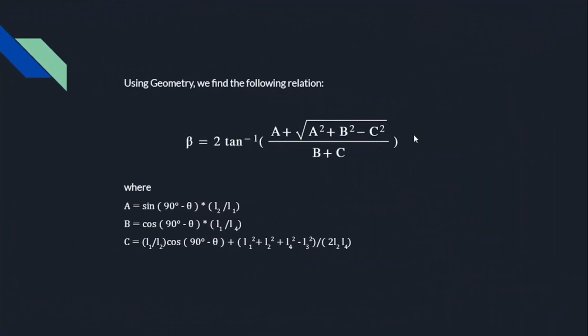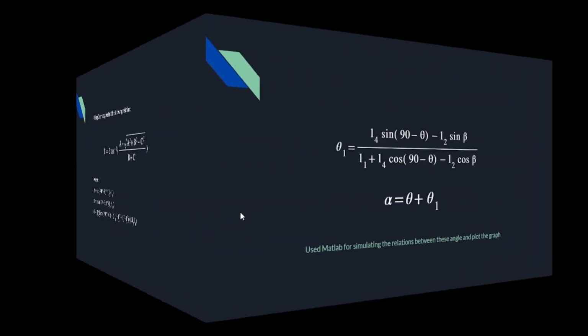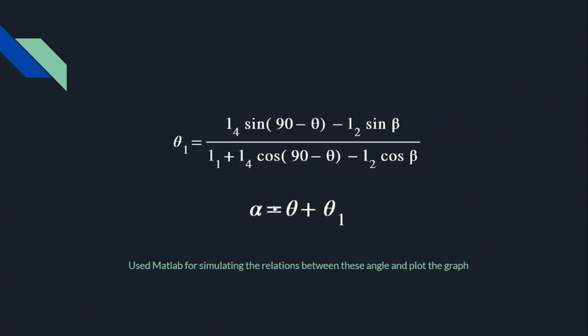Using the geometry, we finally arrived at this relation between beta and angle theta, where A, B, C are all mentioned in terms of degrees and lengths of the links. The final relation between theta 1 and alpha is this. We use this relation to code it in MATLAB, which we used for simulating the working mechanism and also plotting the graph between the bin angle and the angle of the container. So let me take you to the MATLAB code.